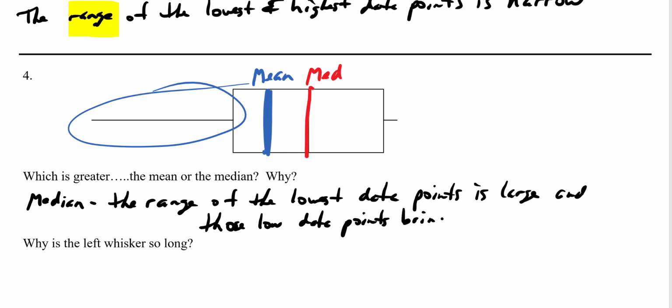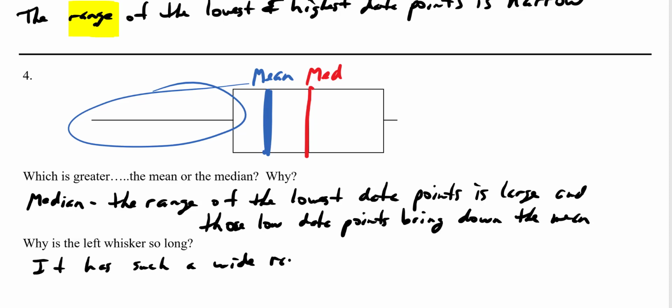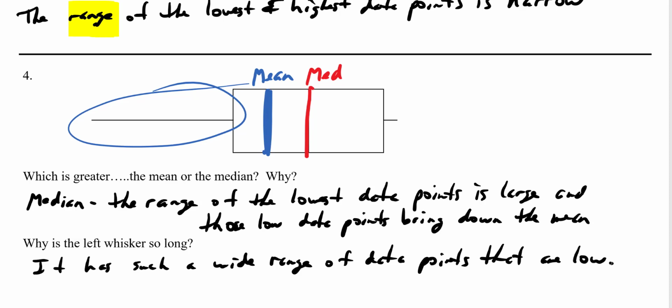Okay, and here's again, why is the left whisker so long? Well, what word do you think you're going to be using here? It has such a wide range of data points that are low. Okay, pretty straightforward here. Okay, let's keep going.